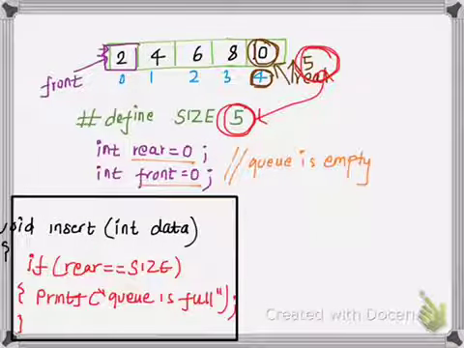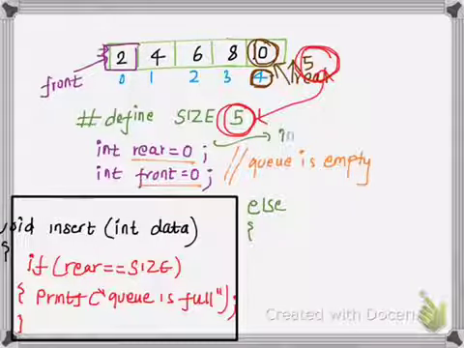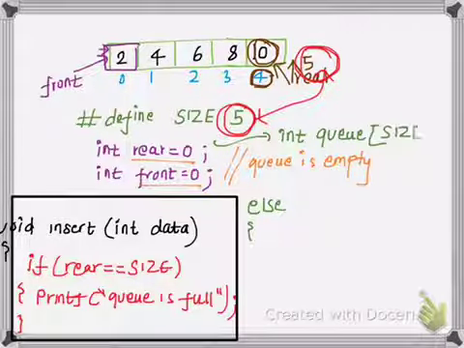Else, if our queue is not full, so I'm going to write here the condition for else. What we can do is, let me first declare our queue. It is of type int, and I'll just name it queue and give it the size, which is size.